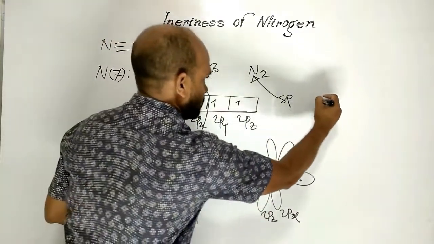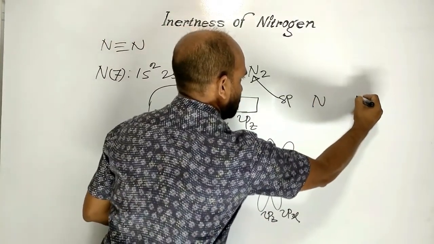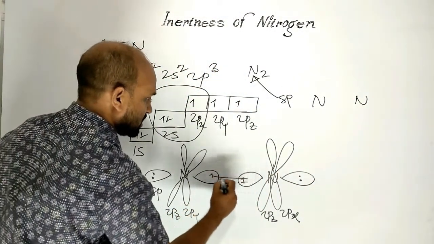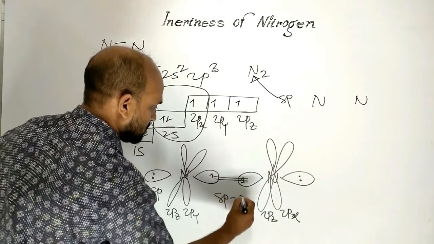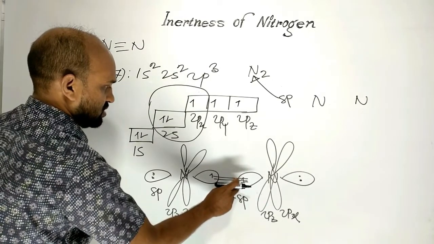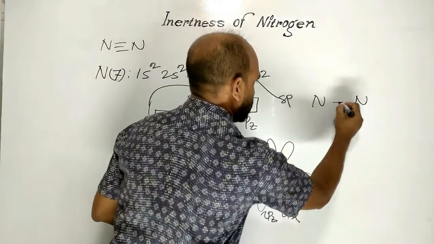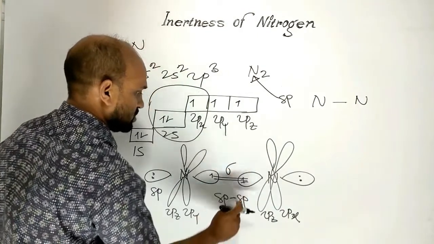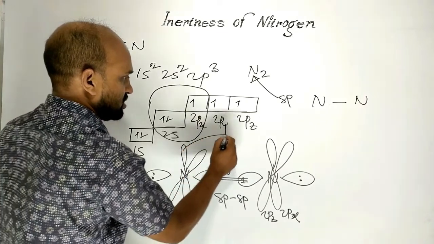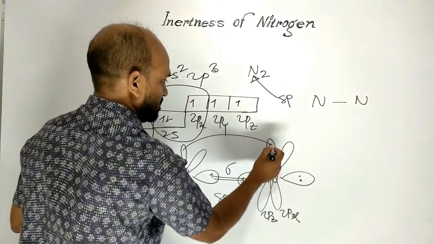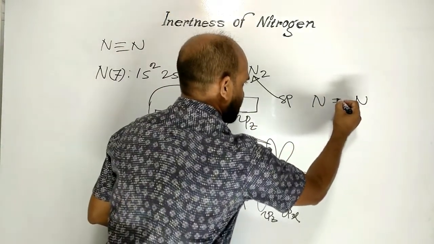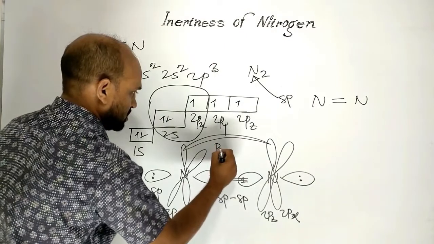Now, between these 2 nitrogen atoms, first of all, the sp hybrid orbitals overlap head to head, and as a result 1 sigma bond is formed. Then the unhybridized py orbitals, through sidewise overlap, form 1 pi bond.